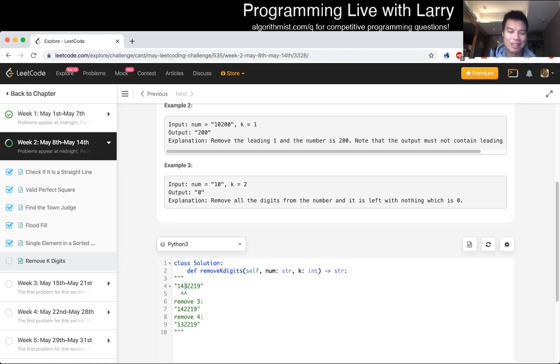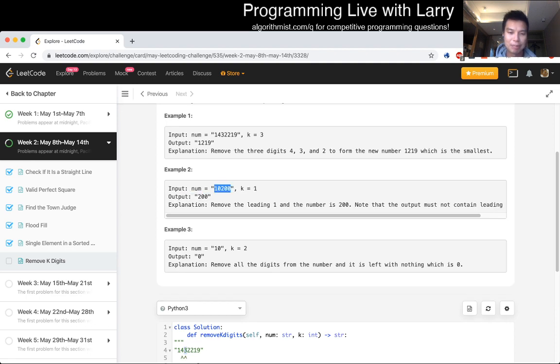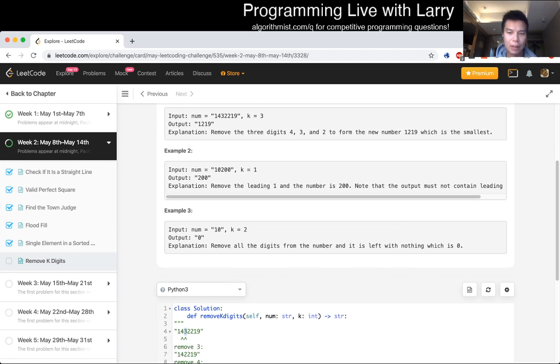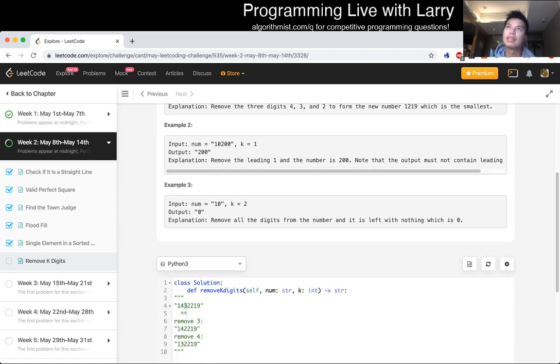The only other annoying thing for this problem is the leading zeros, and how to deal with them.